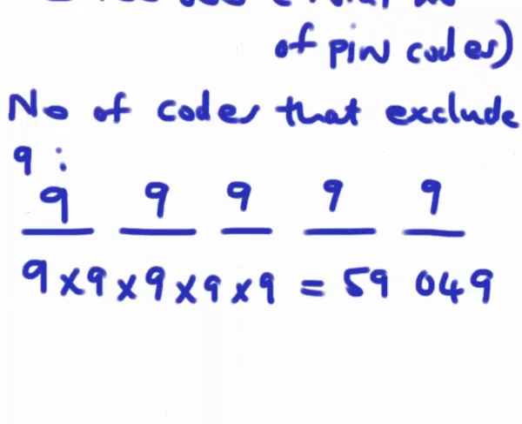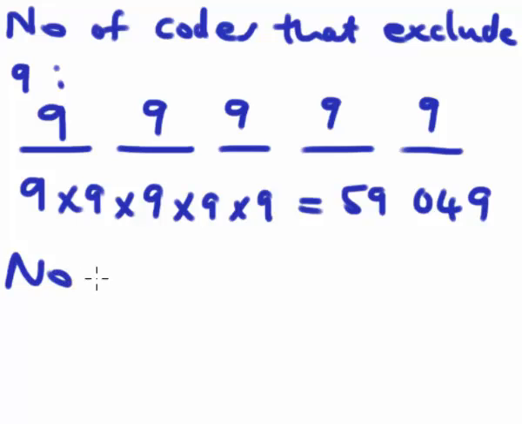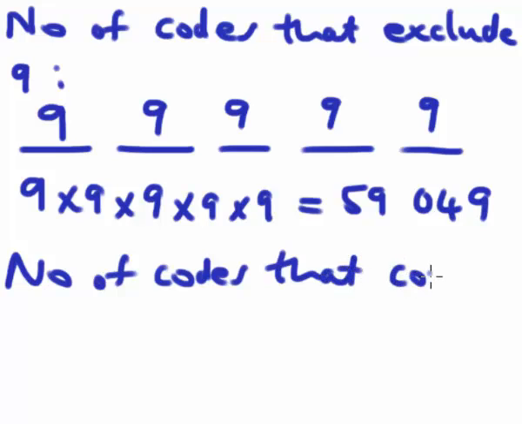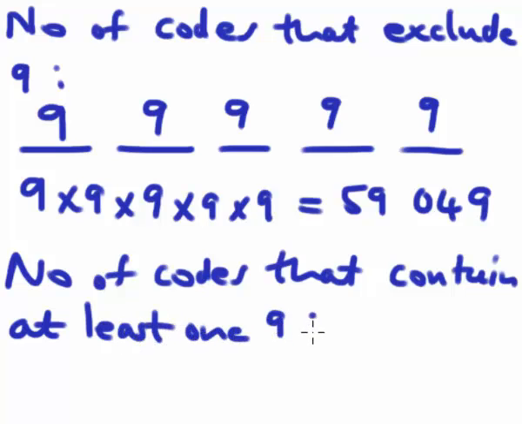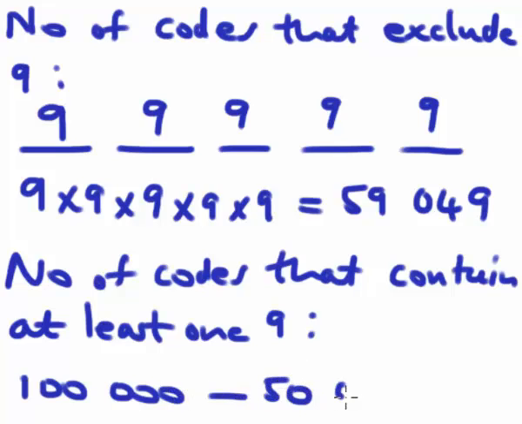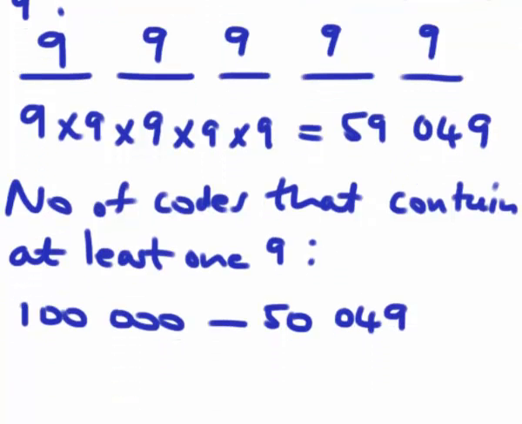So if we look now at the number of codes that contain at least one 9, that would be the total number of codes, subtract the number that do not contain 9, and that comes to 40,951.